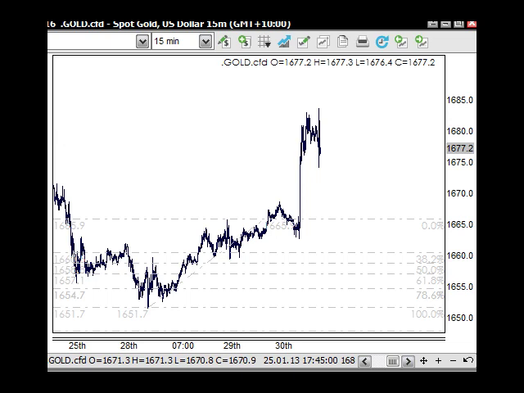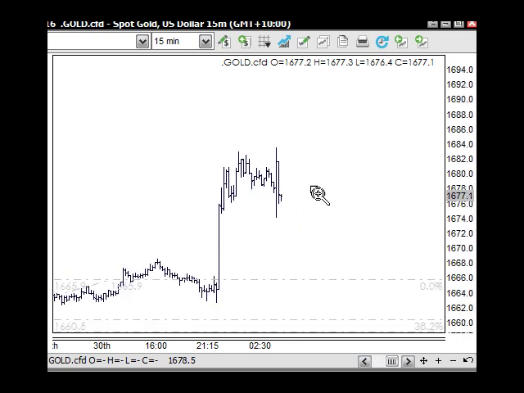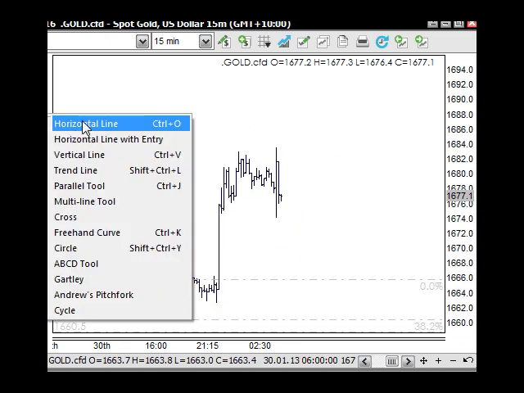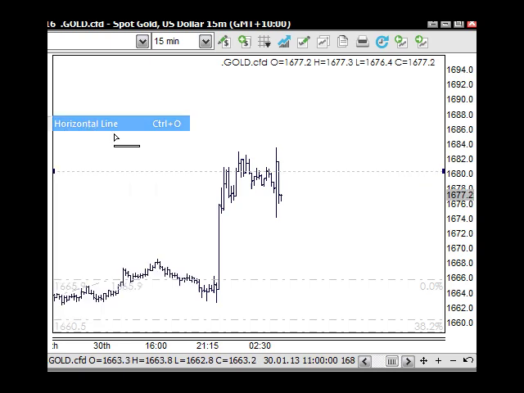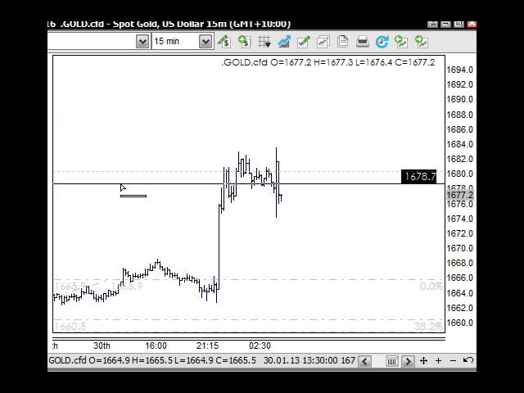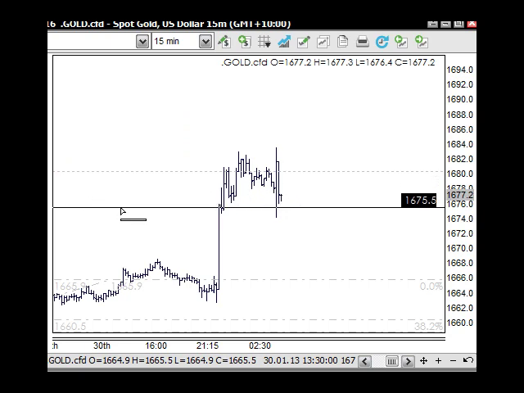So the important thing here is $16.80, and as you know, the 16.72 is going to be important as well.